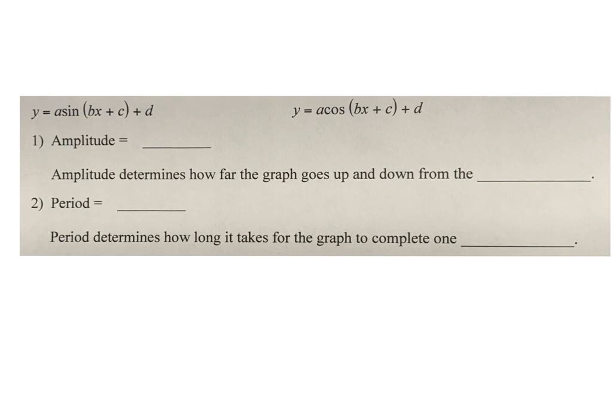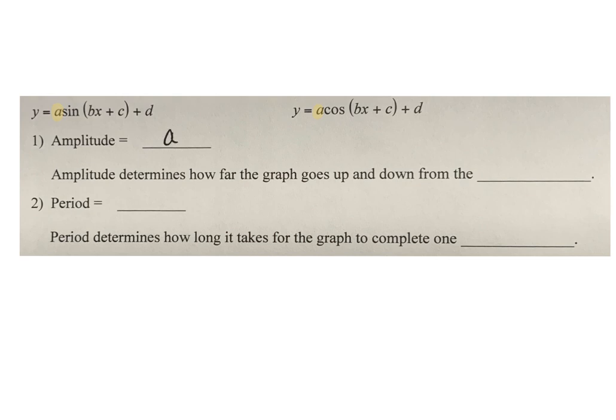All right, so A here. A is the number that is in front of my function. If you have a number in front of your function, that is how far away from the middle it's going to go. And so in this case, your amplitude would be A.